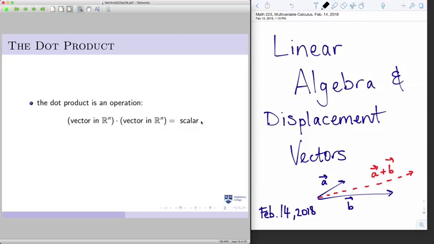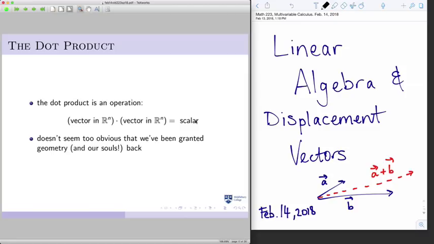But here we're taking two objects, two column vectors, which have the same type. We're taking a product of these two objects of the same type, but now we're producing a scalar. And a scalar is an object of a completely different type than a column vector.